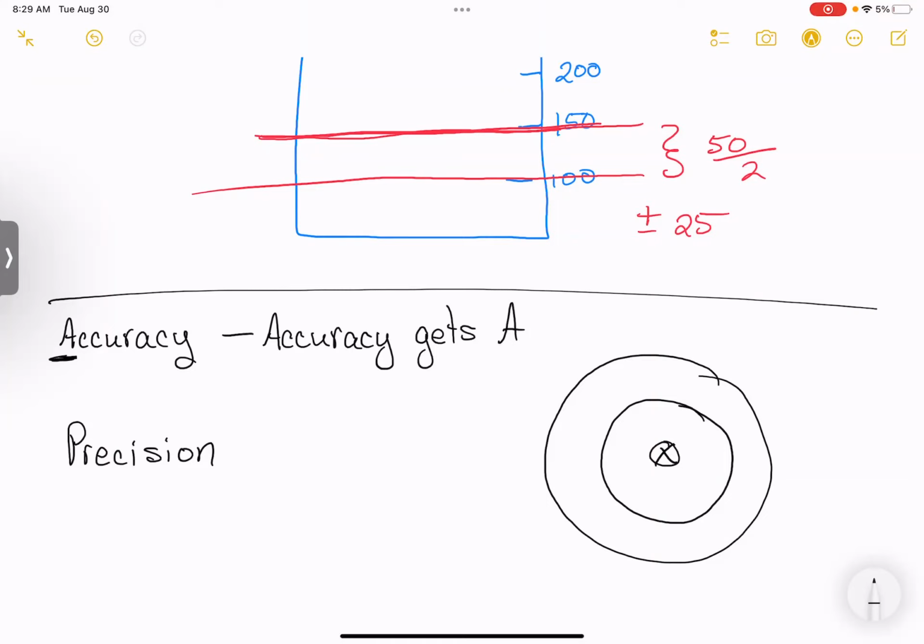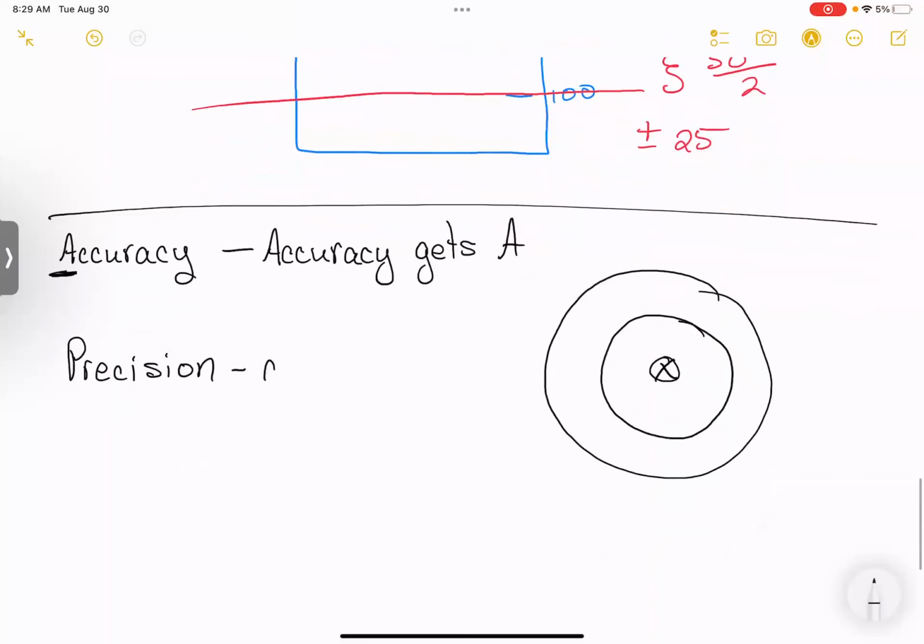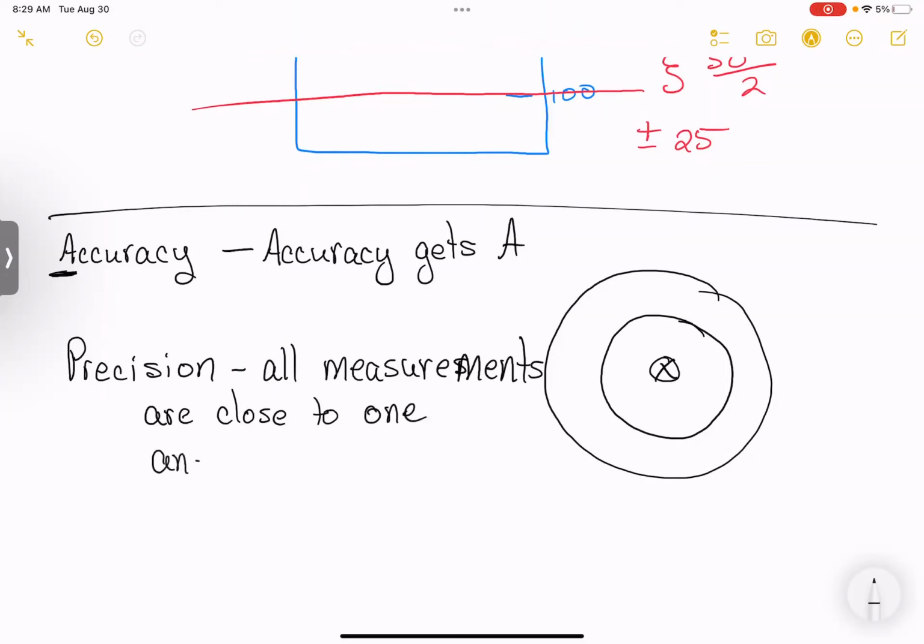You hit the bullseye. Now, precision just means that all measurements are close to one another. They can be way off the target, but as long as they're all relatively close to one another, that's precise. You're precise. It's just way off the target.